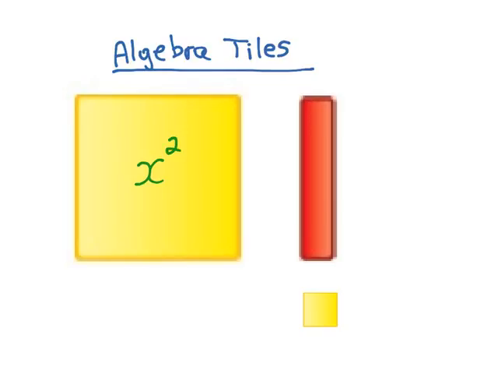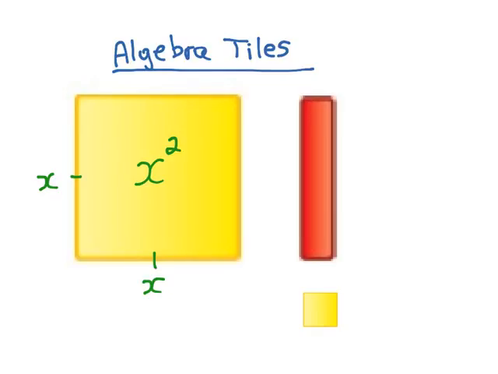Why is it represented by x squared? It's because all the sides are the same, and this length is referred to as x, the unknown side length. When we multiply these sides together, x times x, we get the area of the square, which is x squared.